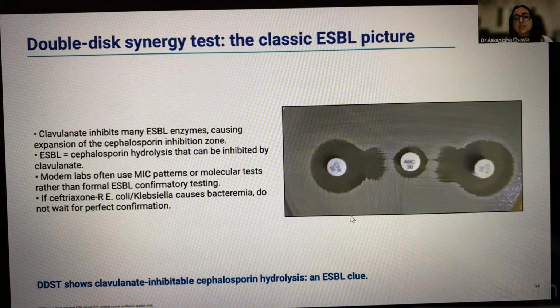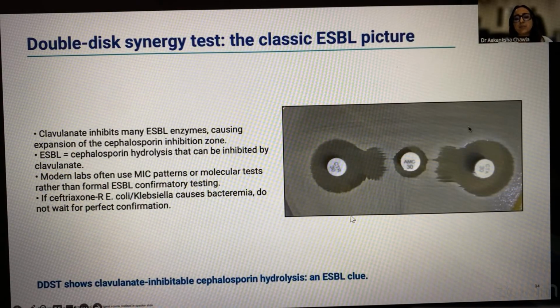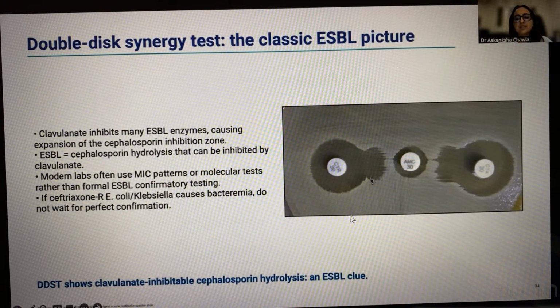So what happens is you see that this zone of inhibition, which was initially very small, because this picture was taken a little later, with the presence of clavulanate inhibiting the ESBL, is expanding the cephalosporin inhibition zone. You can see over here, this is the expansion.